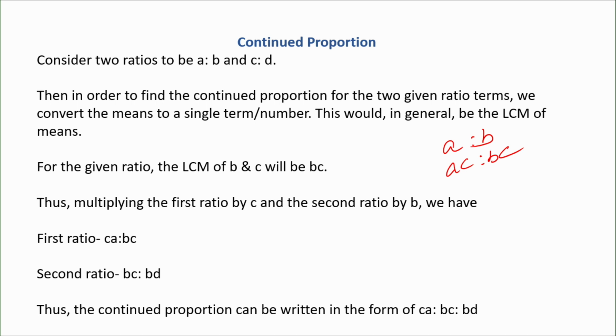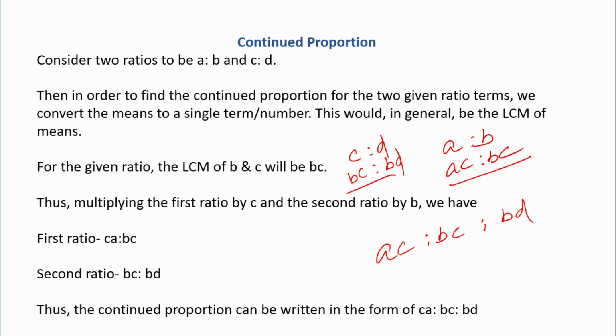And what is the other ratio here? C is to D is another ratio. Multiply both with B, that is BC is to BD. So, here AC is to BC is one ratio, and BC is to BD, meaning AC is to BC is to BD. So, this is called a continued fraction, continued proportion.